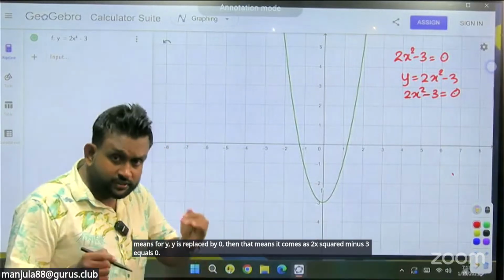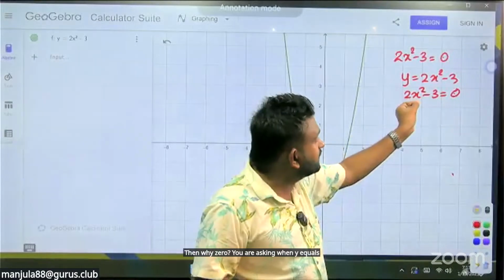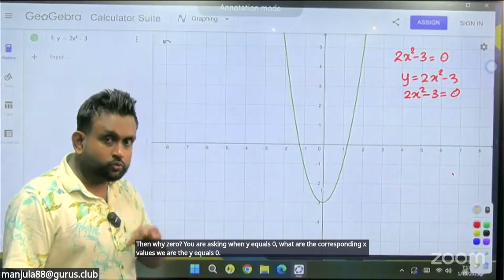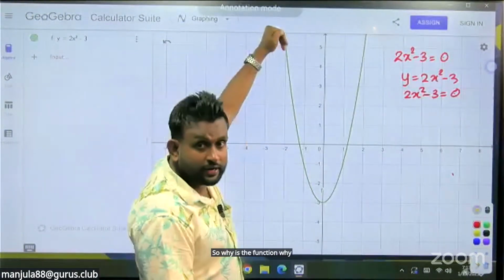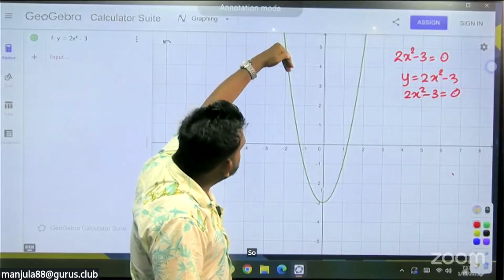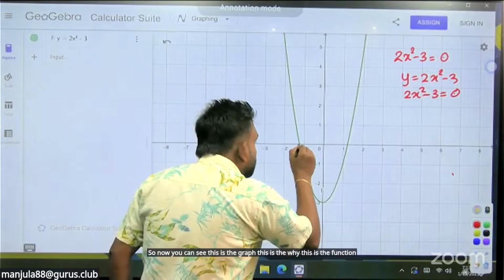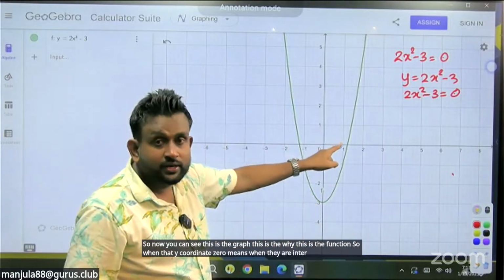So you are asking, when y equals 0, what are the corresponding x values? Where y equals 0. So y is the function, and the function is the graph. Now you can see this is the graph, this is y, this is the function. So y coordinate 0 means where they intersect at the x-axis.